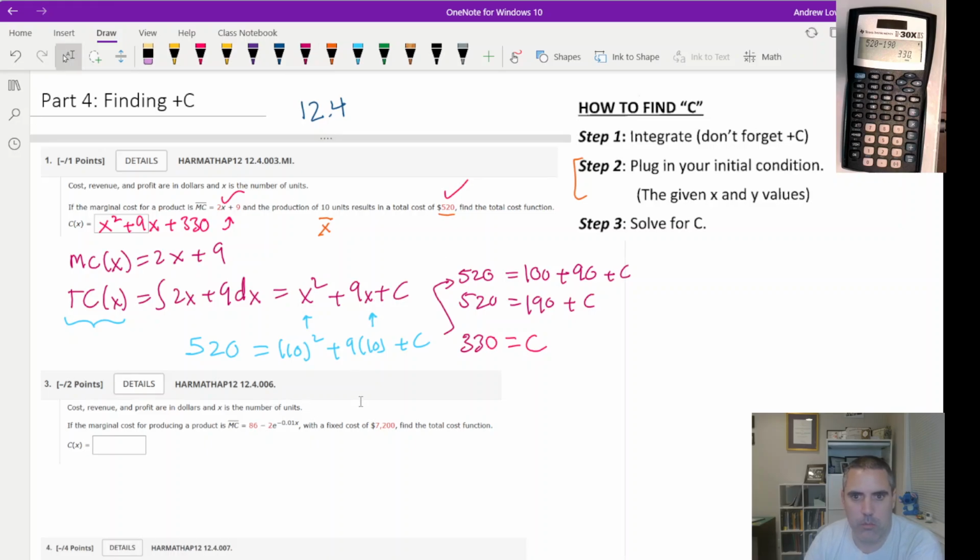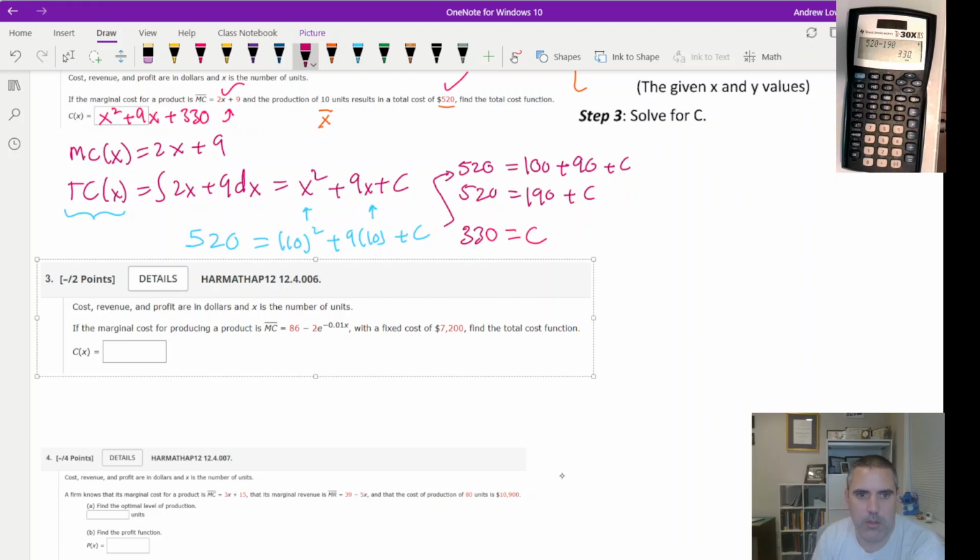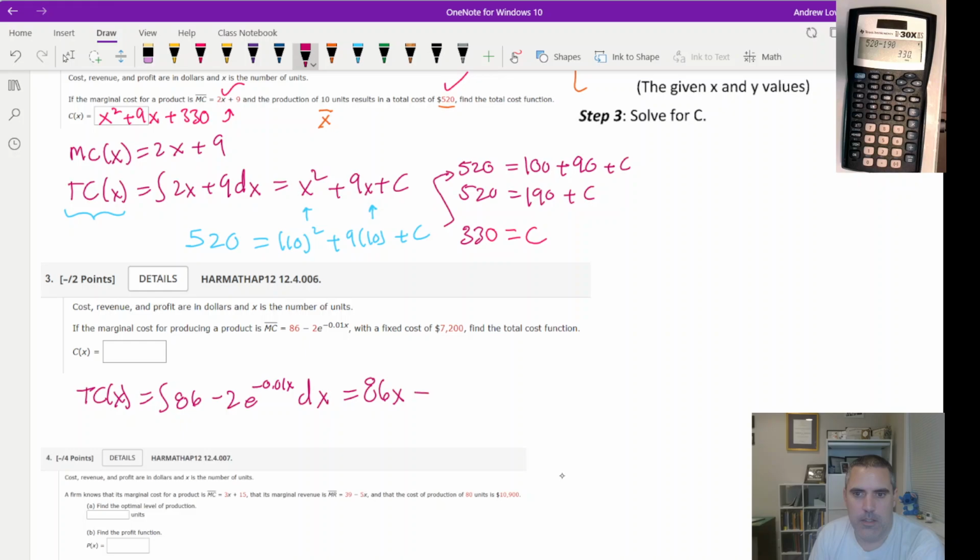So the next one in the homework, you were given some exponential function. Let's play the game. We're going to integrate. The total cost is going to look like the integral of this, 86 minus 2 e to the 0.01x dx. You integrate, it's 86x. There's going to be a minus 2 over a minus 0.01.